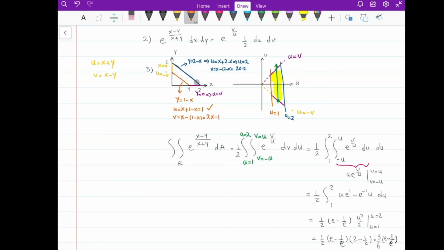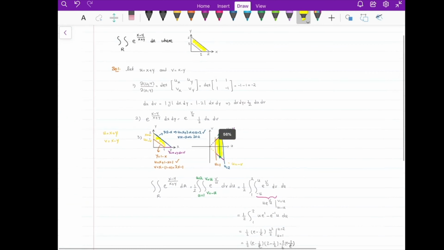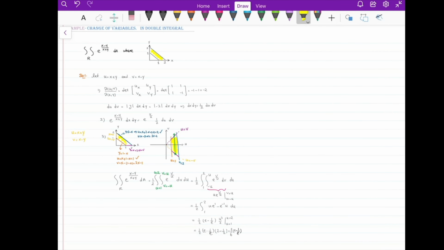Also, for transforming this line in here, this line is y equals 2 minus x, plugging into u and v, u I just got number 2, but v I got 2x minus 2, which is basically in terms of x, so that's why it is not that much helpful. I need to change it into u and v, which would be harder. So that's why I chose u equals 1 and u equals 2 to make the area of integration easier. Okay, that's how we solve this double integral.